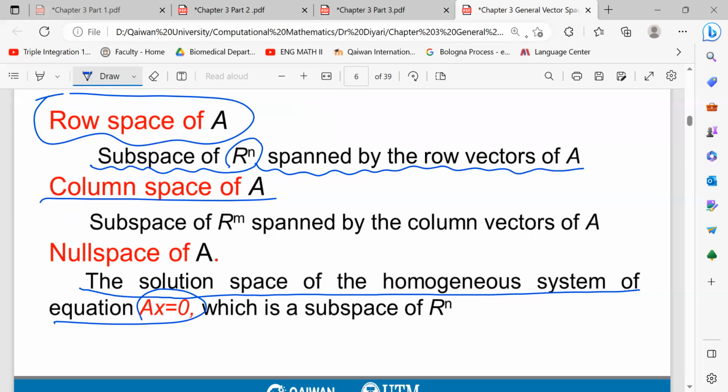The values of x for which the matrix times x is 0 are called the null space. So null space is the solution of the homogeneous system.